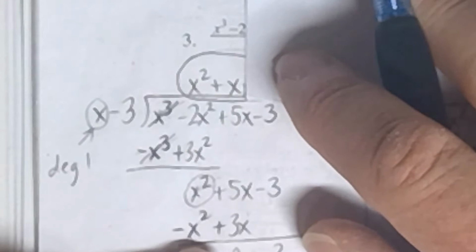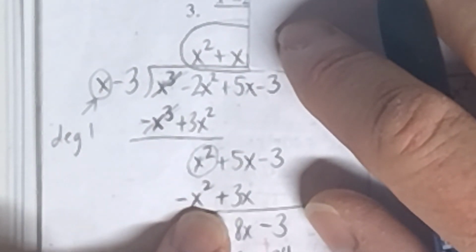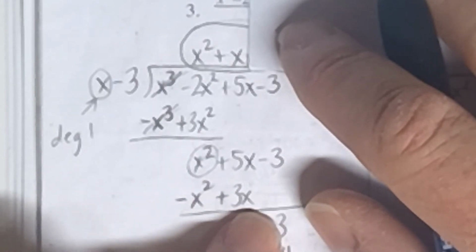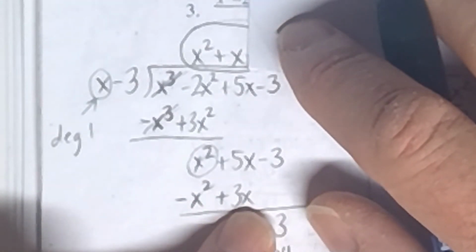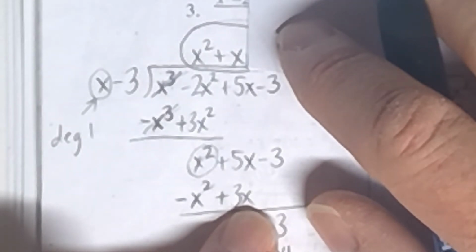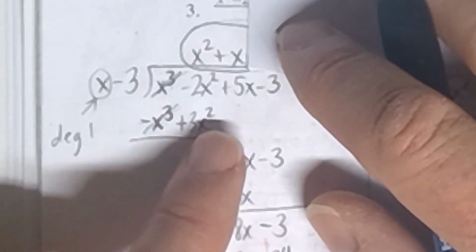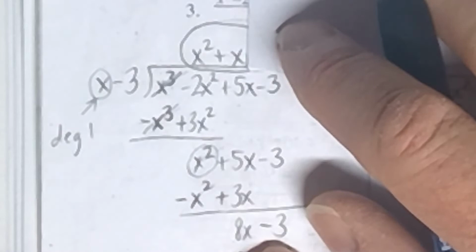However, as I come down here, it is going to be changing to negative x squared plus 3x. You've got to change the sign of both of those. And so that's why I wrote down what you see there. All right, with those signs and everything, the x squared and the negative x squared then cancel, as they should, and we end up with 8x minus 3 when I combine like terms.